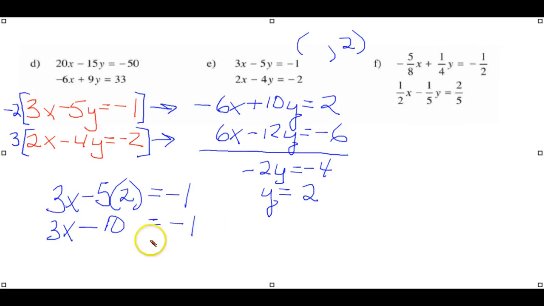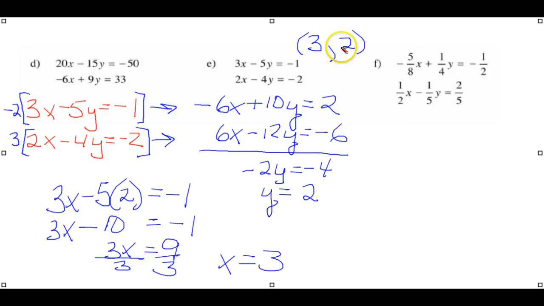Transpose the -10, on this side becomes a positive 10. Minus 1 is a 9. Divide both sides by 3. I get x equals 3. And if we look down below, that is the solution.